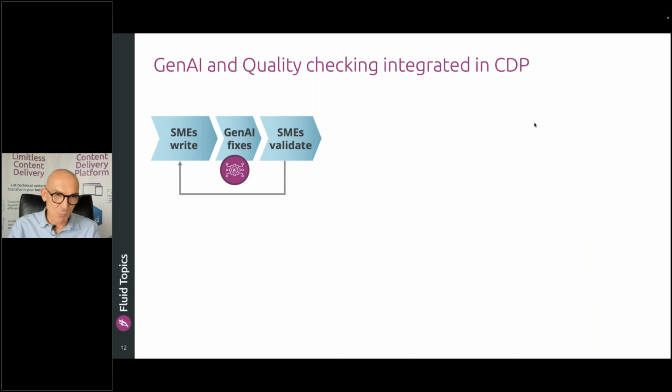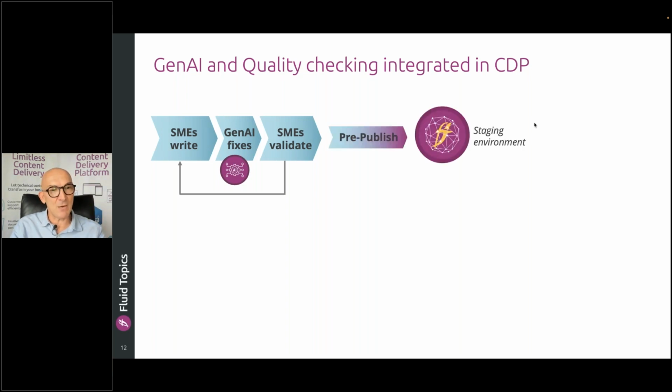What is interesting as well, we could do one step further. So having this loop where SMEs write, fix content with GenAI, validate, and have this improvement cycle mechanism. But then instead of handing over the content to the tech writers themselves, you could imagine that they could directly pre-publish that to a staging environment.